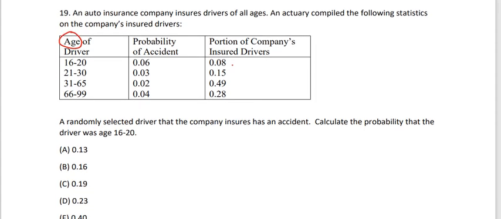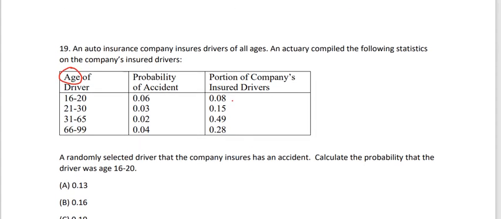Okay, so now let's say, what is the probability of having an accident? Such a probability is equal to the proportion of those people multiplied by their chance for accident.